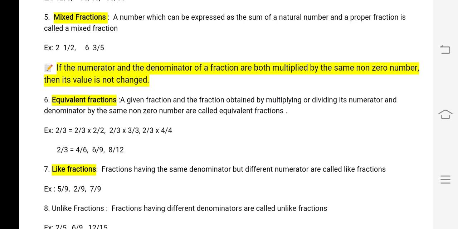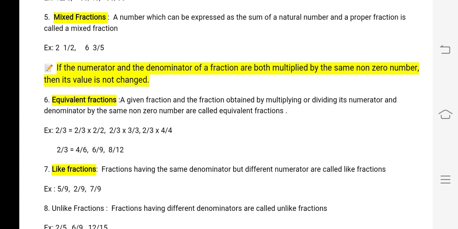Value does not change. So, 2 by 3 is the fraction given here. If we want to get another fraction equal to its value, then we have to multiply with 1 only. In a fraction, if the numerator and the denominator are the same, it is equal to 1.